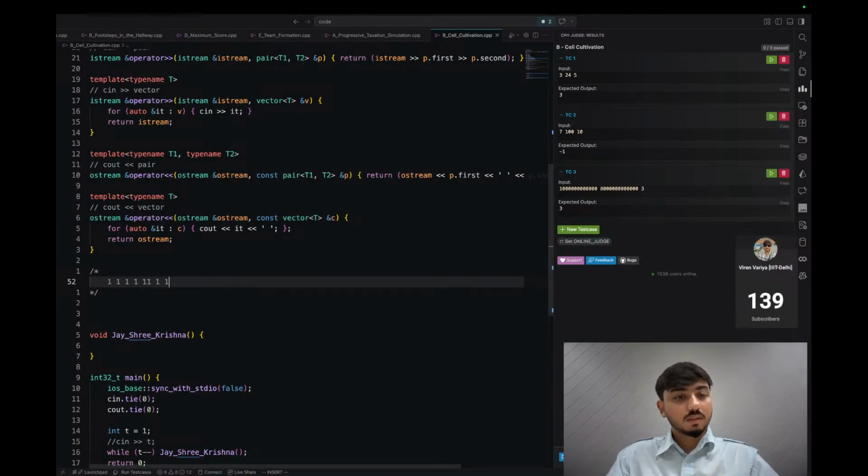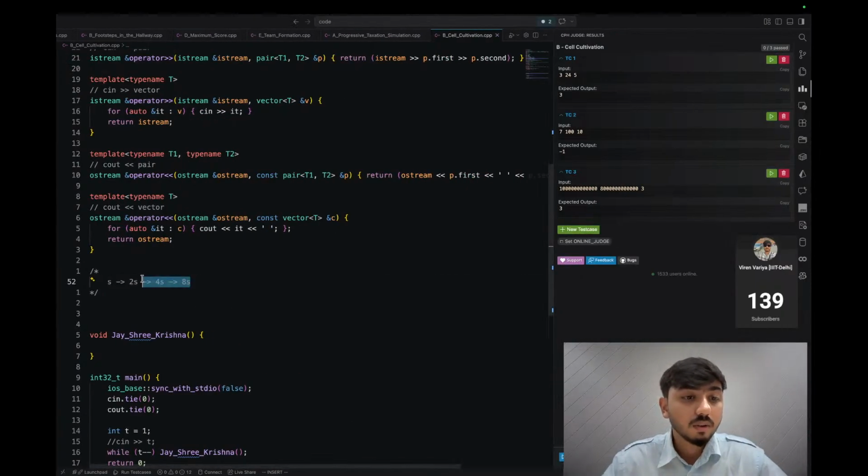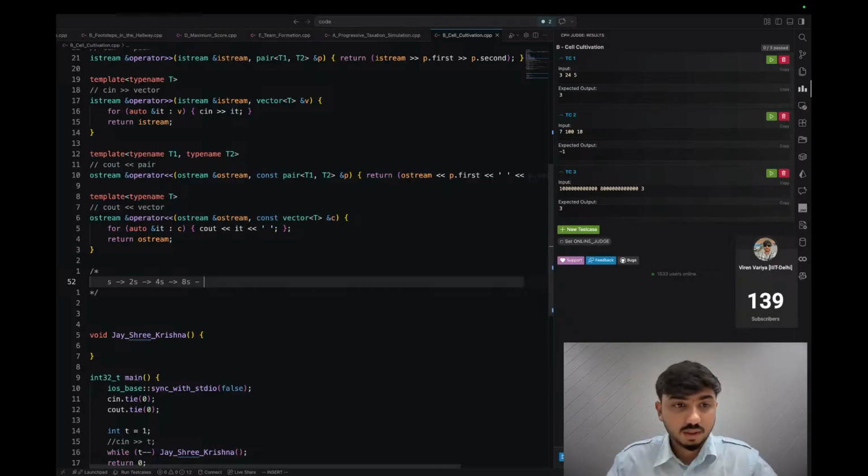Let's say we have this many cells and they double. If it is S, then it can become 2S, 4S, 8S, right? This is what they are telling, right? This is how they grow.